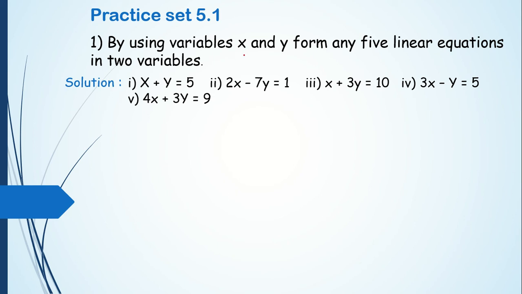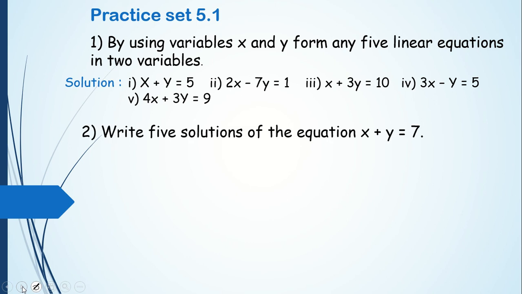They have only said you just have to use the variables x and y and form any 5 linear equations. So we know linear equation means here degree of the variable has to be 1 only. It cannot be square, cube, nothing. Okay, and then you can use any coefficient to x and y and equate and write. That's it. According to the general form, ax plus by plus c is equal to 0.